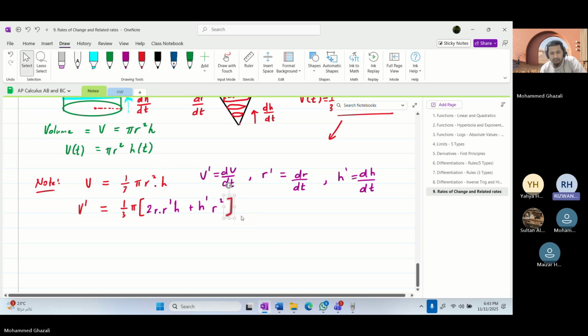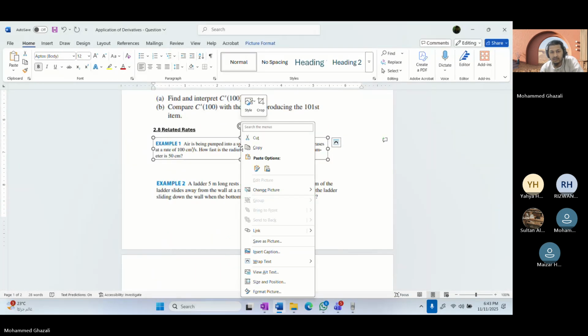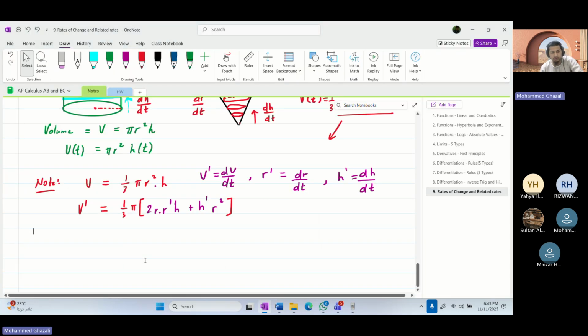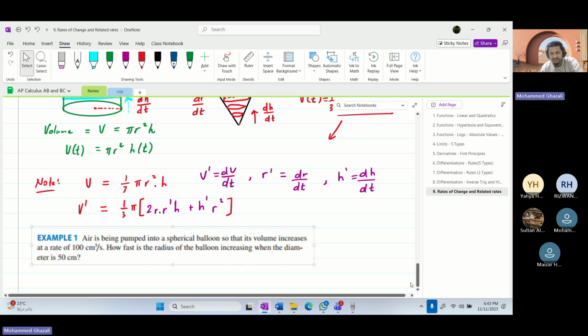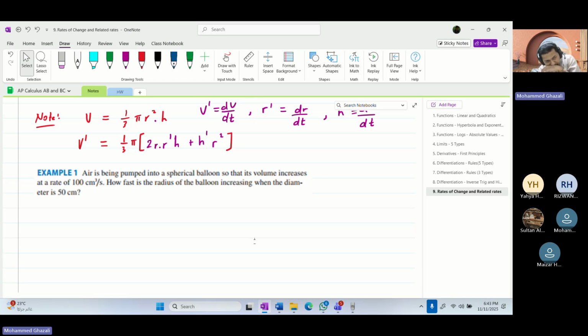Yep. Let's take an example. Now this is going to tickle your brains a bit because look at the type of problem that's represented here. Air is being pumped into a spherical balloon so that its volume increases at a rate of 100 cm cubed per second.